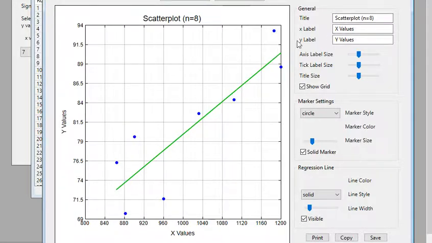You can make predictions for the near future, 1300, maybe 1400 or 1500, but once you're getting out much beyond that, it's risky. You don't know if this relationship holds beyond what you've got in your data. So you can make predictions, but they may or may not hold up.